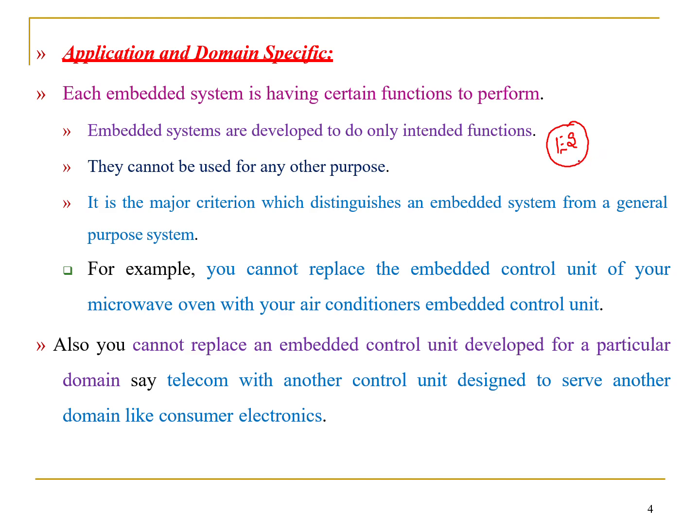If you have designed it for an electrical domain, you cannot use it for an electronics domain, which means that domain-wise, embedded systems have their own specifications. Similarly for application, the embedded system designed for an air conditioner cannot be used for a refrigerator. It is not possible to use an embedded system both as an air conditioner and as a refrigerator. That is what application and domain specific means. The details with respect to that have been given here.